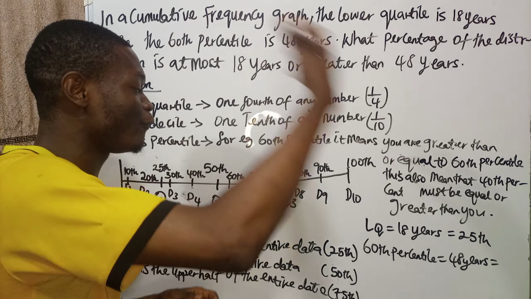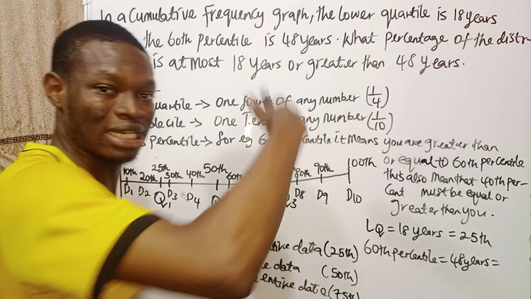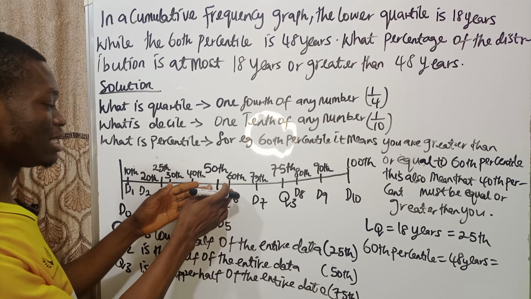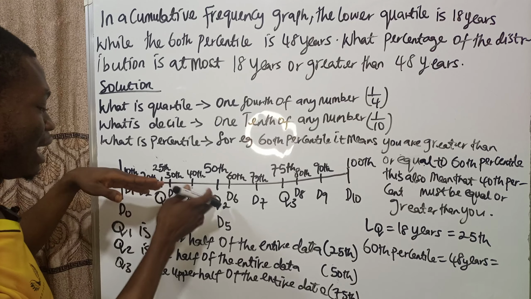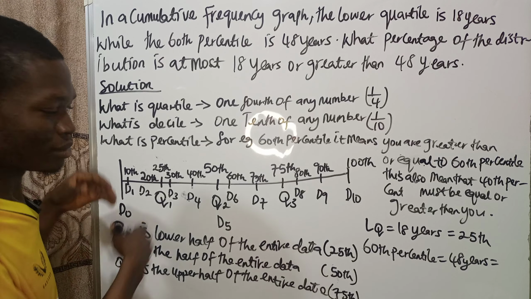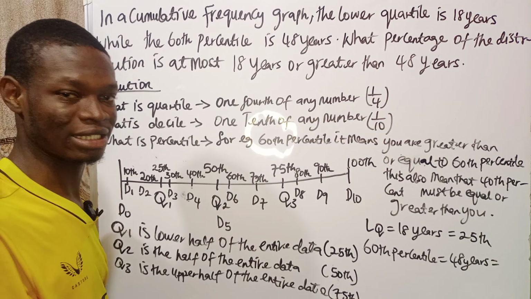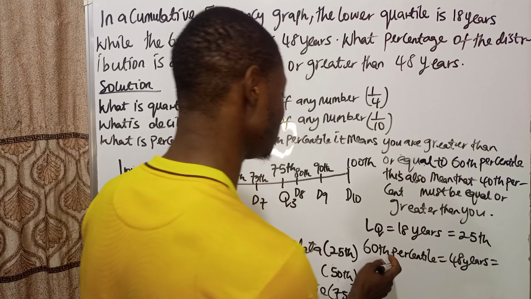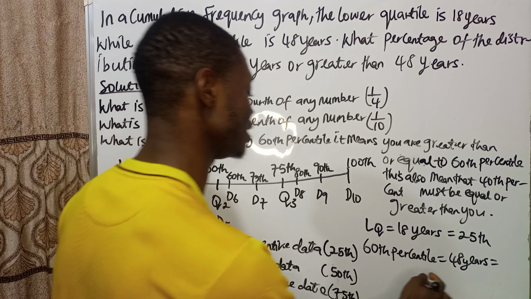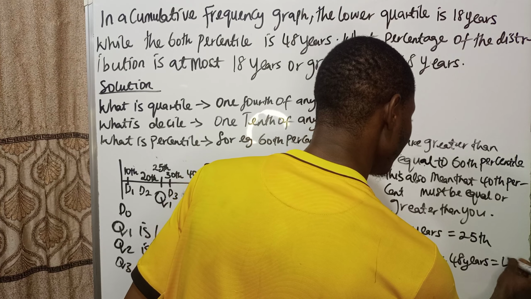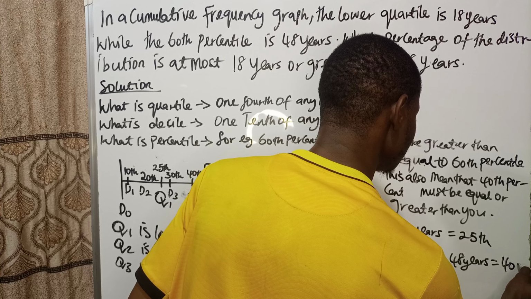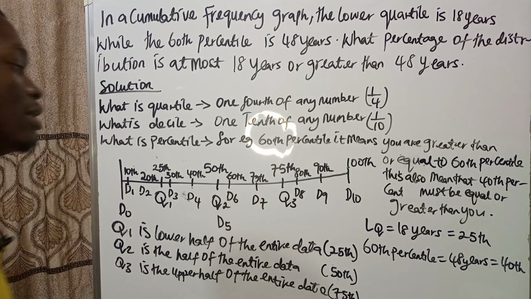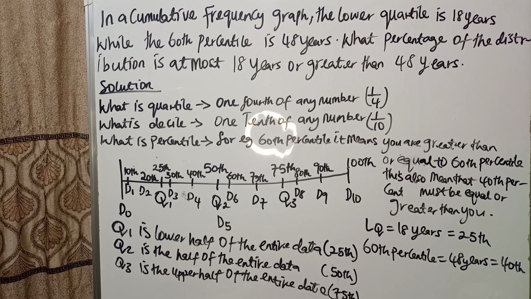That means 40 is what? Greater than or equal to what? 60. You understand? If 60 is greater than all the percentile below it, that means 40 must be greater than it or equals to it. So 48 years, 60 percentile is what? 48 years, which is equals to 40th percentile. You understand? So can you see it from there?